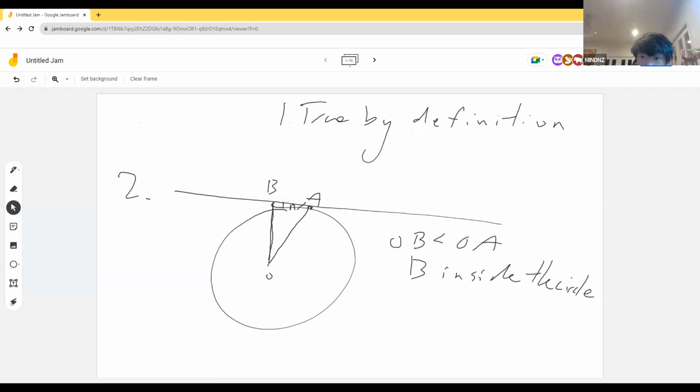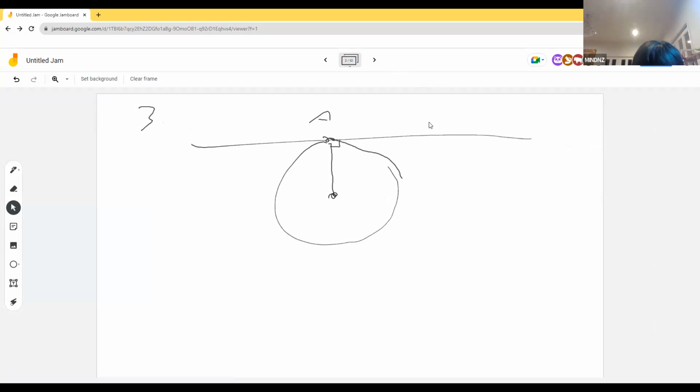Can you guys see the Jamboard? Question 3 was prove that if a line touches a circle at point A and that line is perpendicular to the radius, then that line is the tangent.